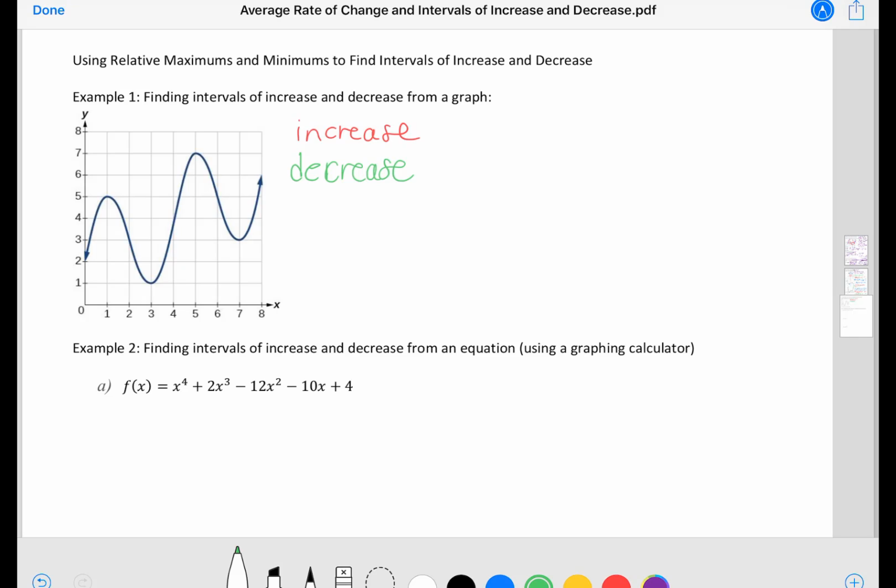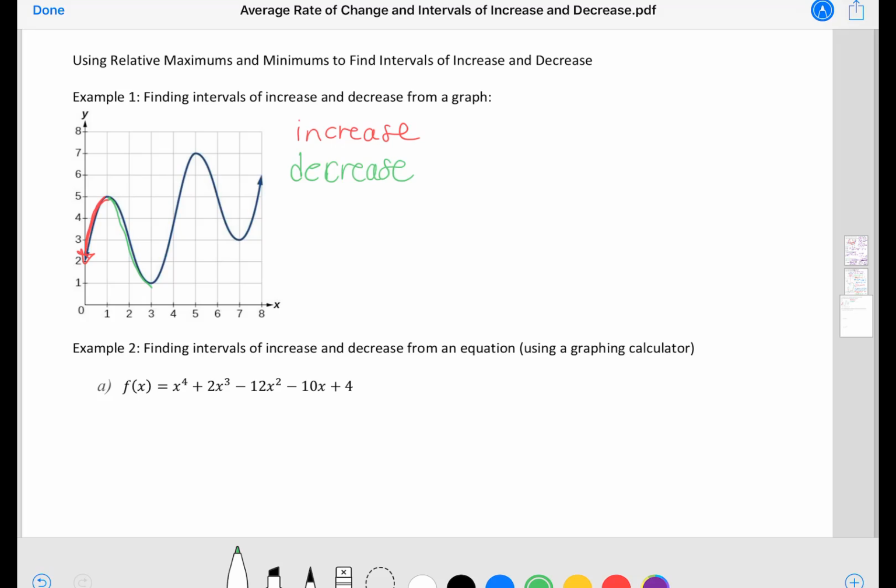As I'm tracing the graph going left to right, if my pencil is going up, then I'm on an interval of increase. When my pencil is going down left to right, that's an interval of decrease. So as I start, going left to right, I'm going up. Then about this point right here, it starts to turn, which is called a turning point.